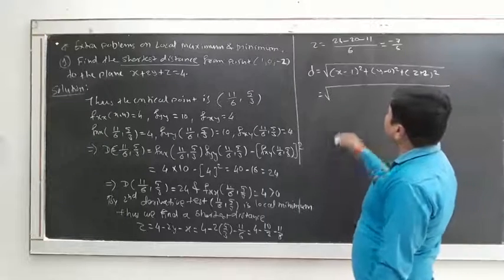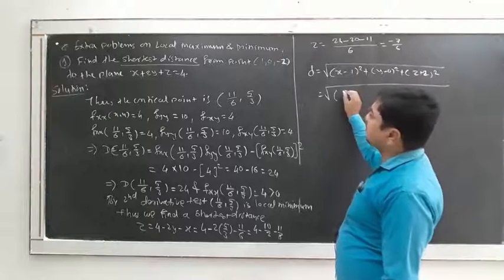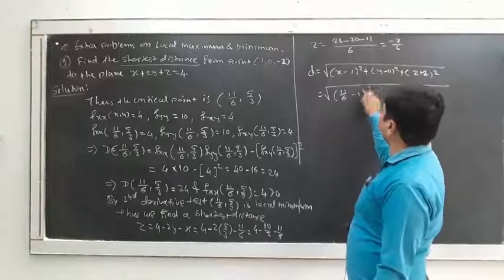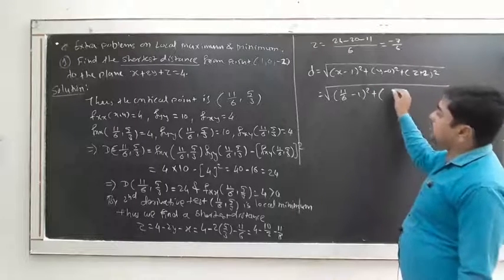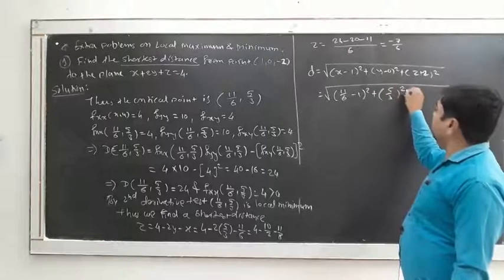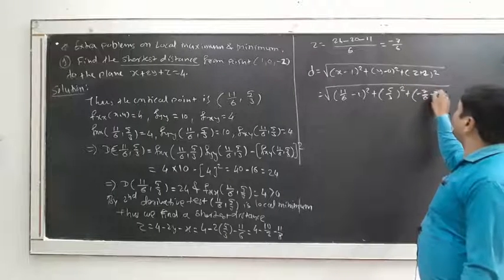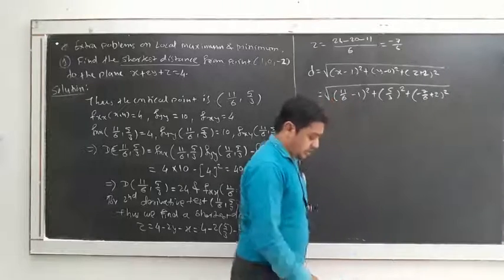What is the x? X is 11/6 minus 1 square, plus here y is what? Our 5/3 bracket square, and z minus 7/6 plus 2 square, and just do simplification, you will get the answer.